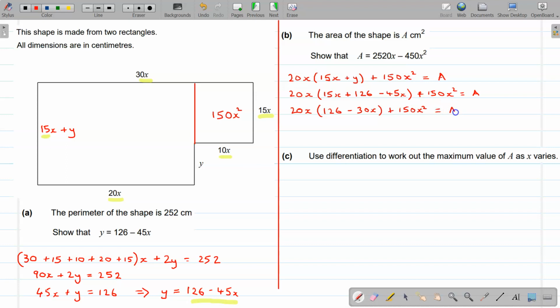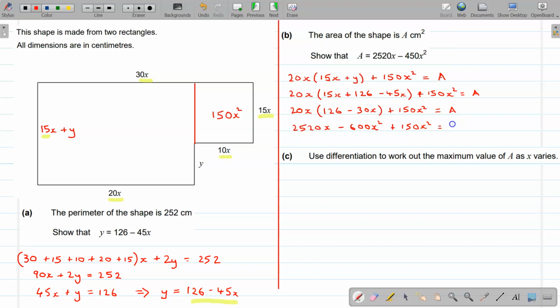equals A. Now 20x times 126 is 2520x minus 600x, that's 20x times 30x, 600x squared plus 150x squared.